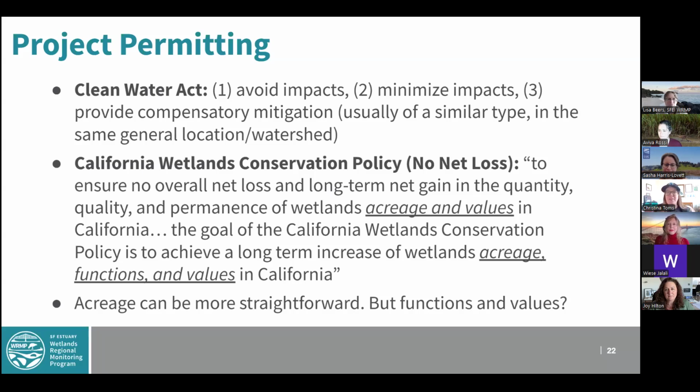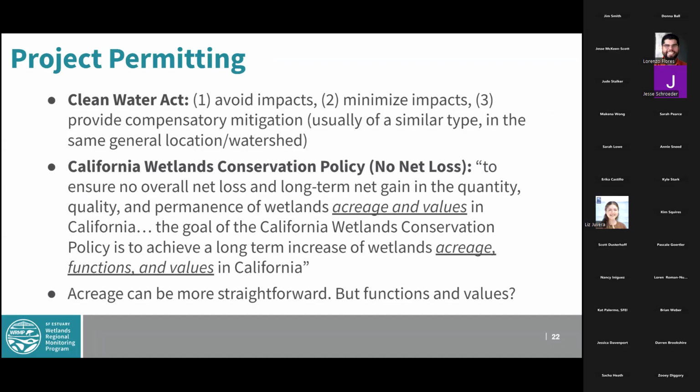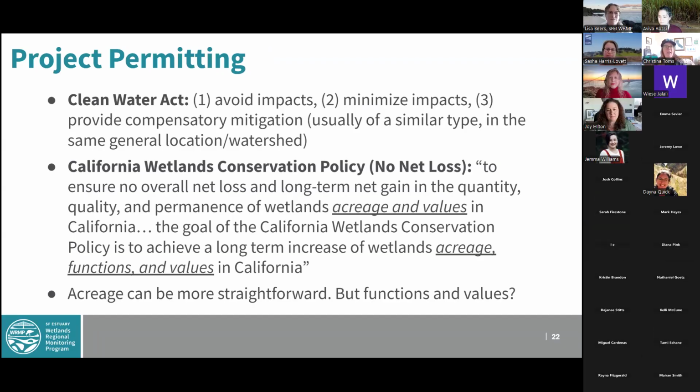I only have 10 minutes, so I'm not going to get into a lot of fine-scale details about permitting, but I think folks here, hopefully many of you, broadly understand that there's a sequence in which we avoid and minimize impacts to wetlands and waters of the state. The priority first is always avoiding impacts. If you can't avoid impacts, then you minimize your impacts.